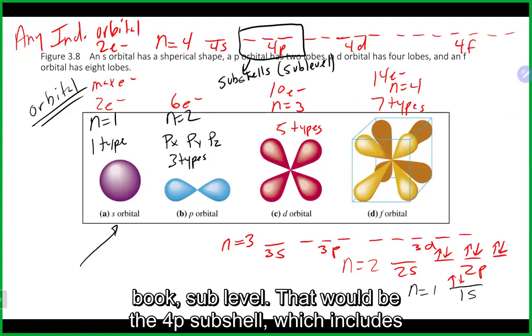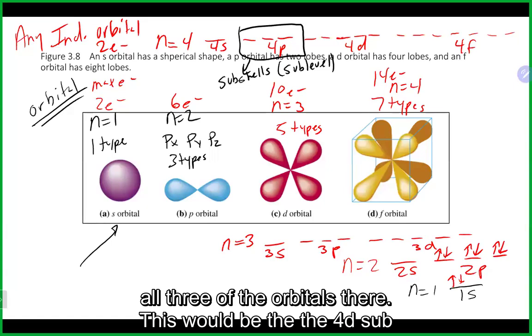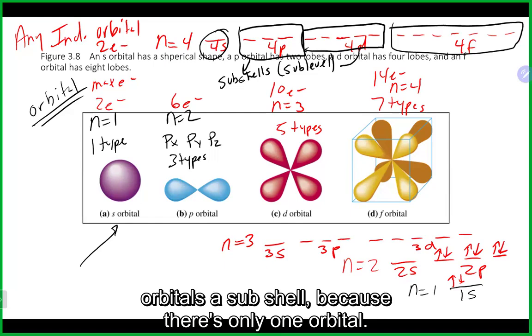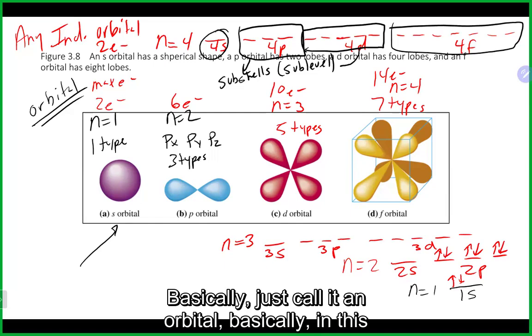That would be the 4p subshell, which includes all 3 of the orbitals there. This would be the 4d subshell. This would be the 4f subshell. We don't call the s orbitals a subshell because there's only one orbital. Basically, we just call it an orbital in this case.